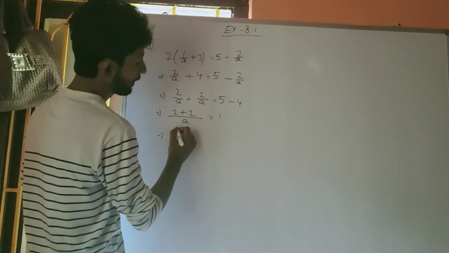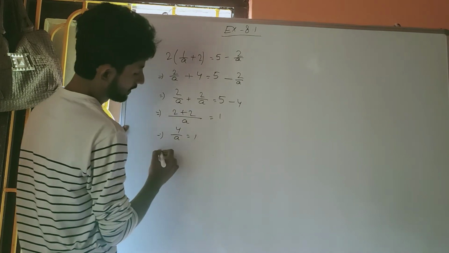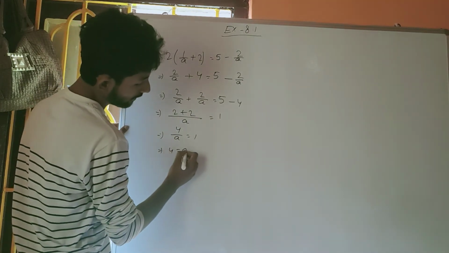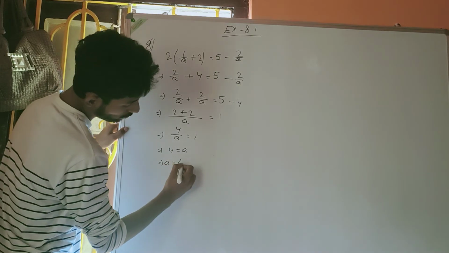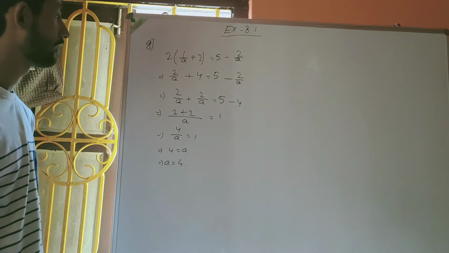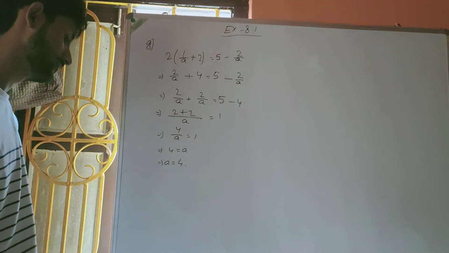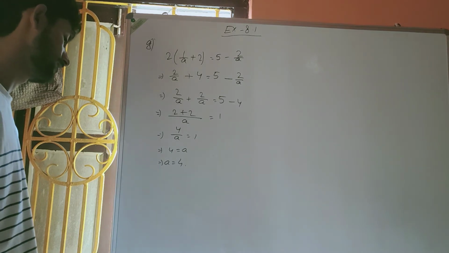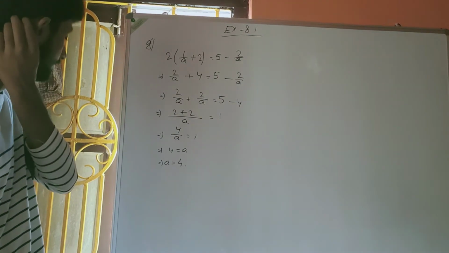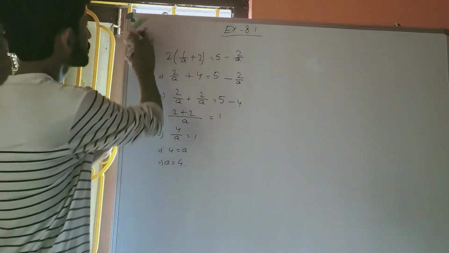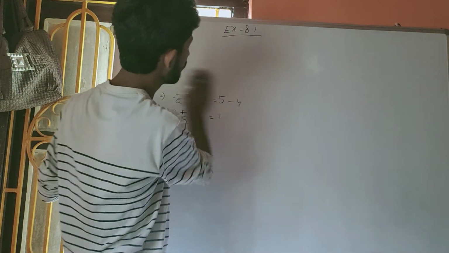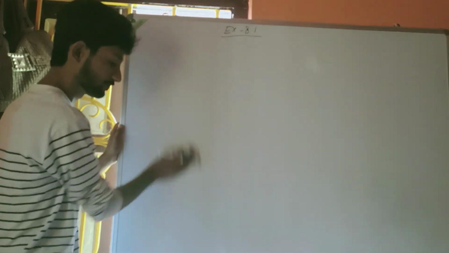So 4 by a equals 1. So 4 equals a, which means a equals 4. It was an easy question. Now question number H.